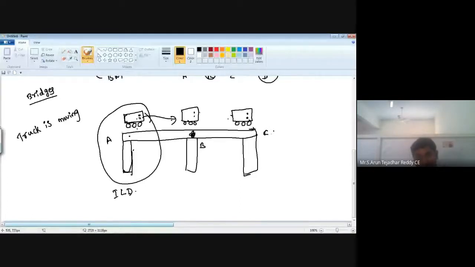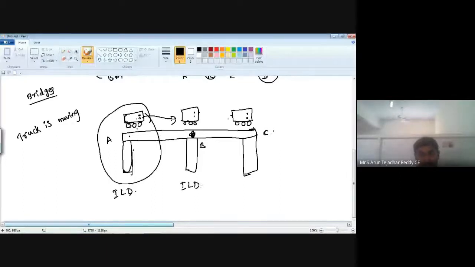It's a clear-cut case of live load. So at point A one load is acting, and after that at point B the load is acting. Due to that load, again we will have a separate ILD.